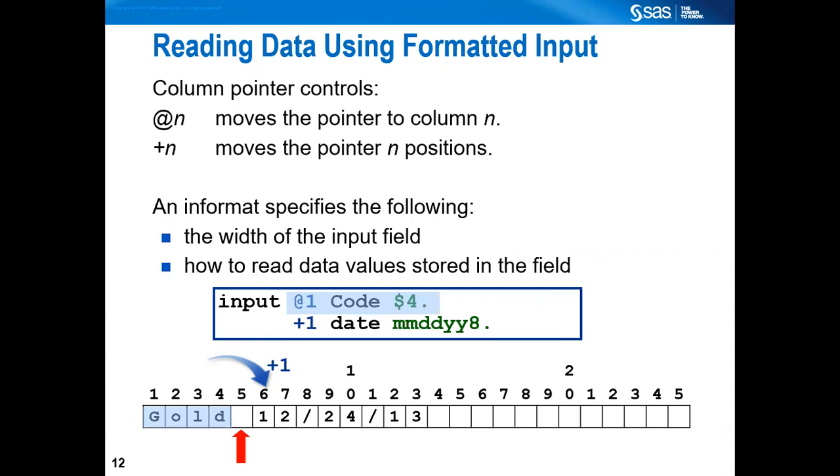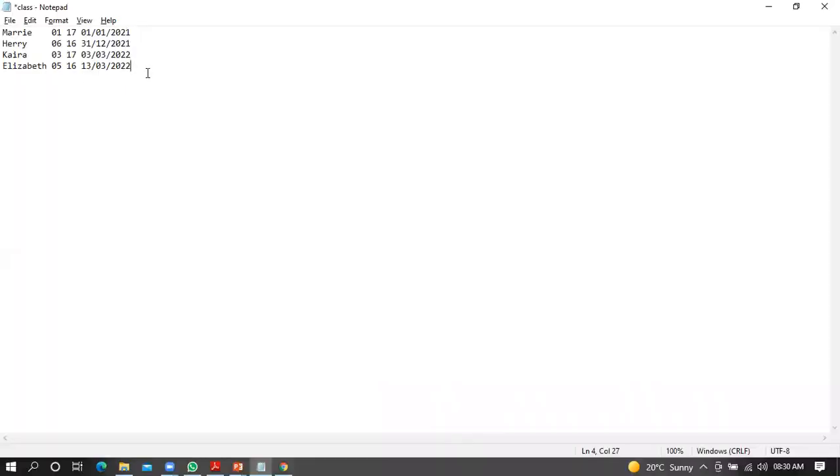Depending on your data values, accordingly you'll have to give the column pointers, right? That's what you're telling. But it will be different for different names. For example, I'm just typing some value now.